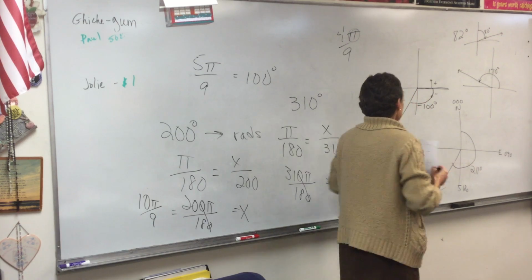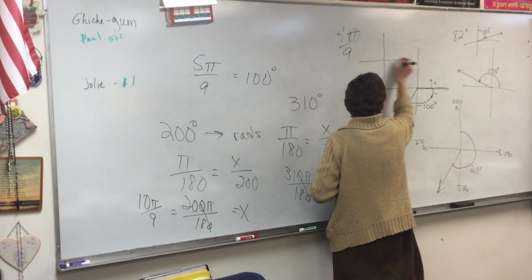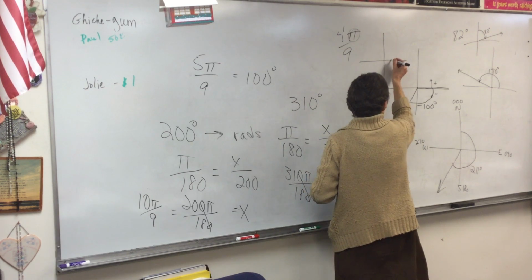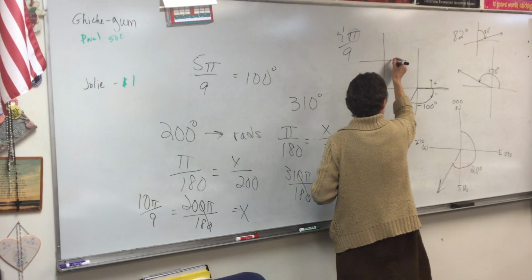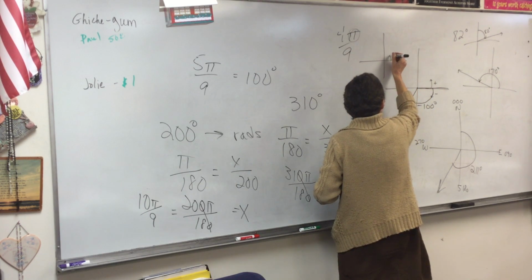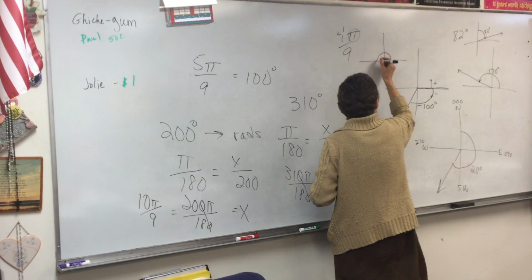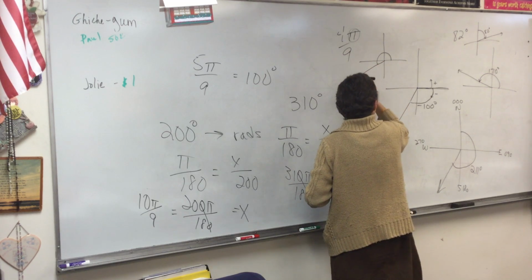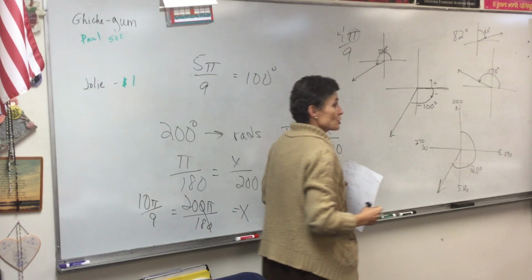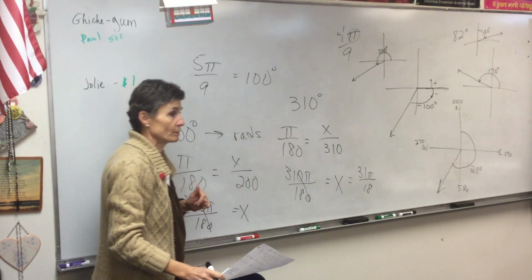Okay? So an angle of 200 degrees in standard position. Start here. Positive 200 degrees, I would be going up. 200 degrees would take me all the way around to here. So that would be a standard position angle of 200 degrees.